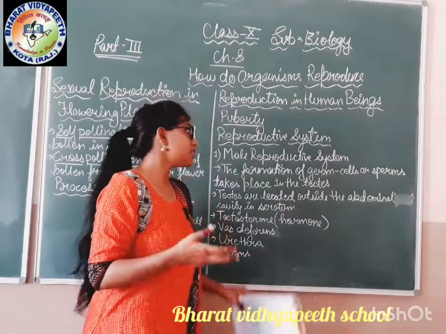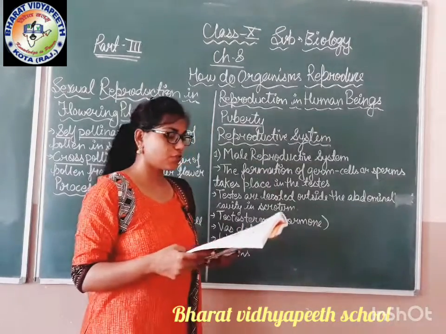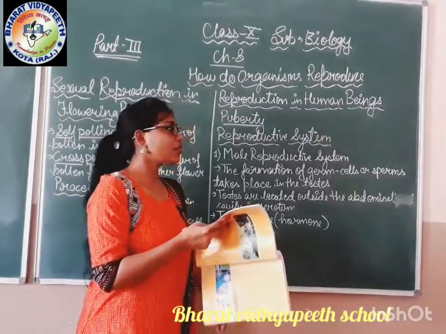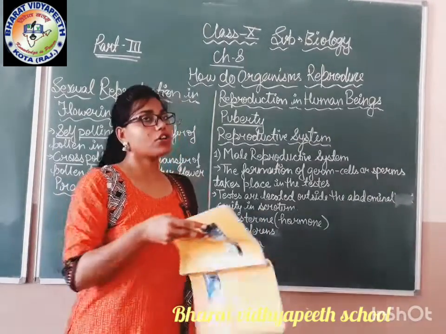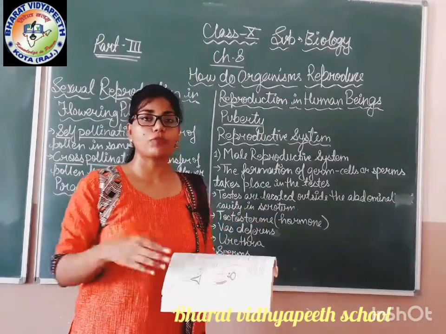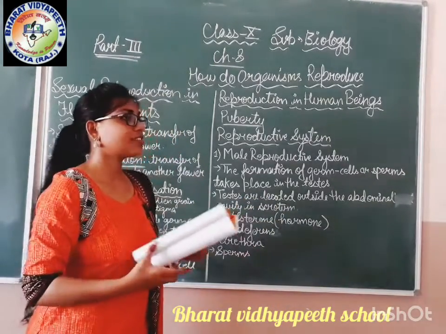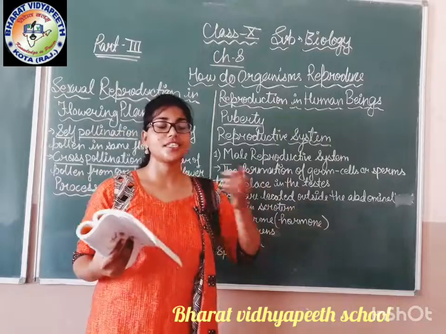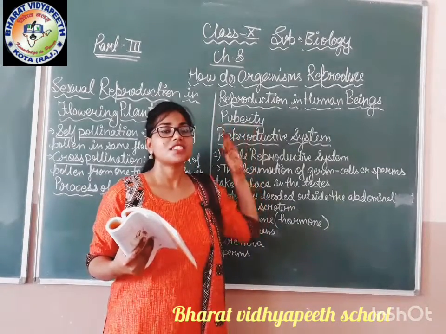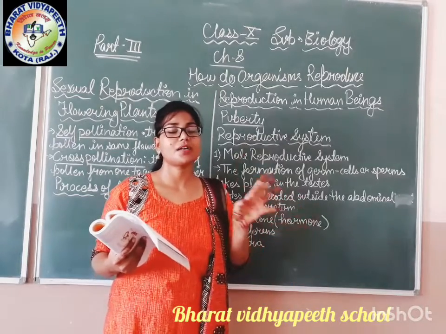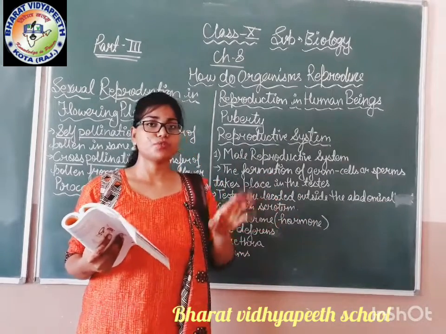Other changes also occur in which the reproductive organs start developing and hormones start forming, so that structures like the menstruation cycle start in girls. It has been seen that puberty starts in girls earlier as compared to boys.